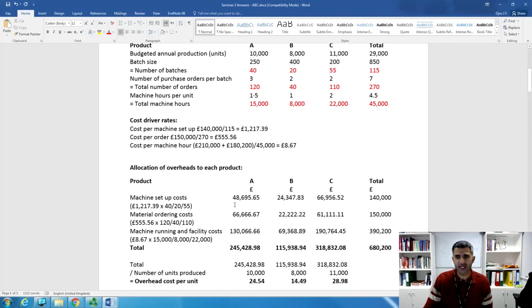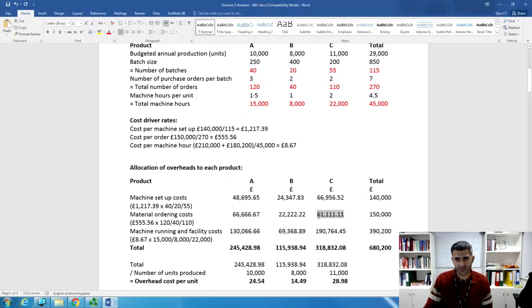Okay, the next one is the material ordering cost. And for the material ordering cost, again, this 55.56, you need to multiply by number of orders for A, 120 and 40 and 110, and here we go.